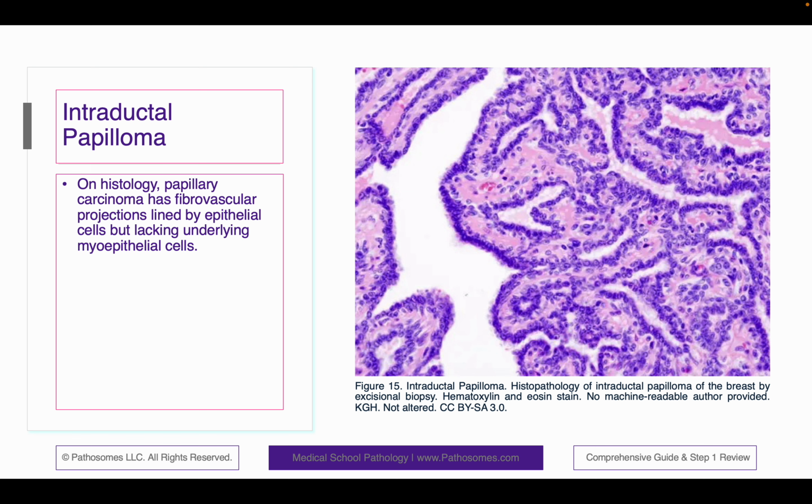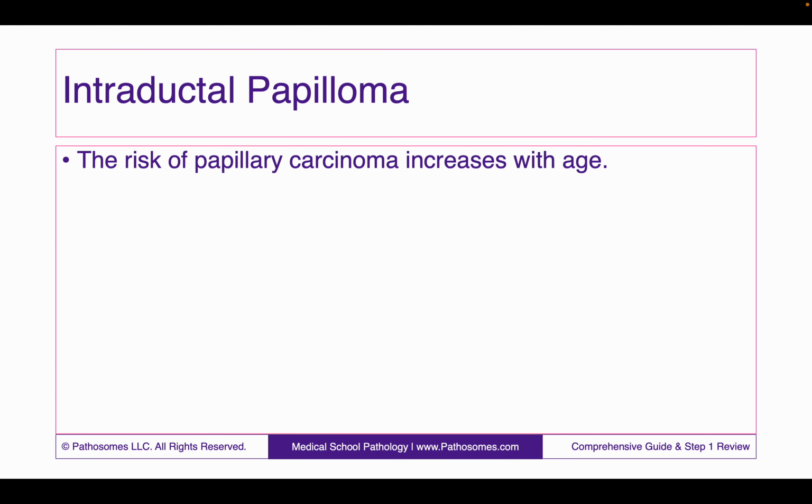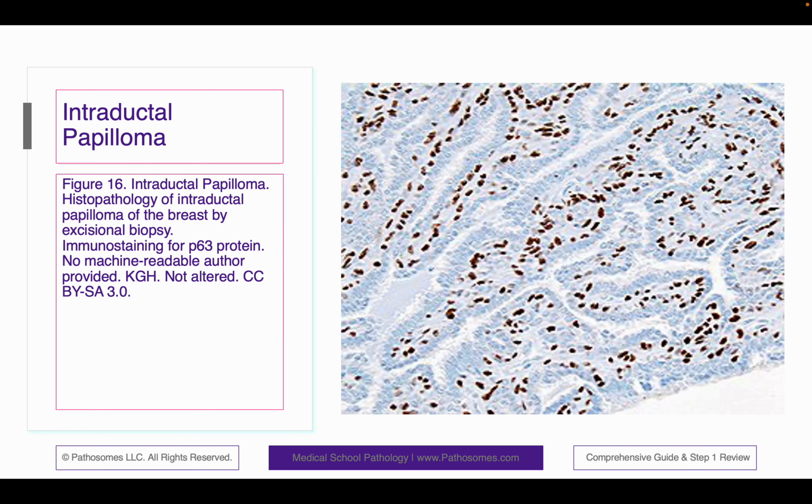As you can see here in this histology from an intraductal papilloma of the breast, note the risk of papillary carcinoma increases with age. And here we have histology showcasing immunostaining for P63 protein of an intraductal papilloma.